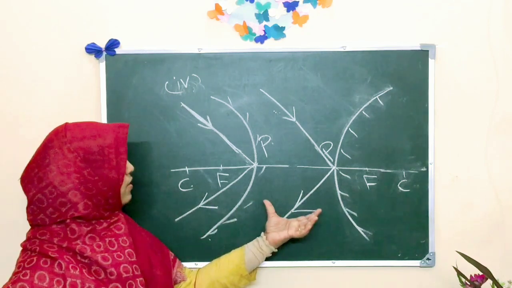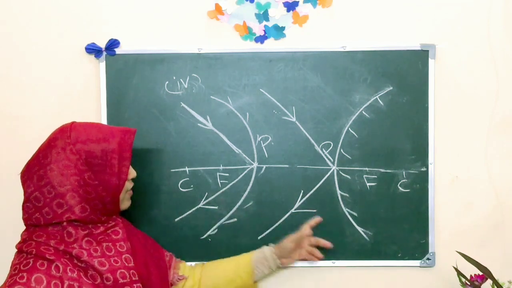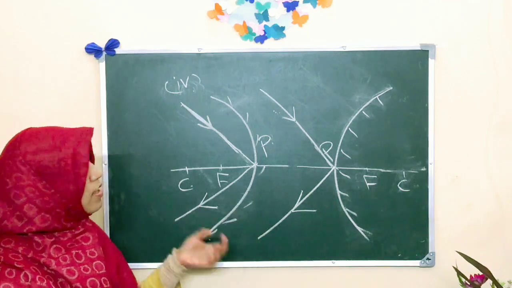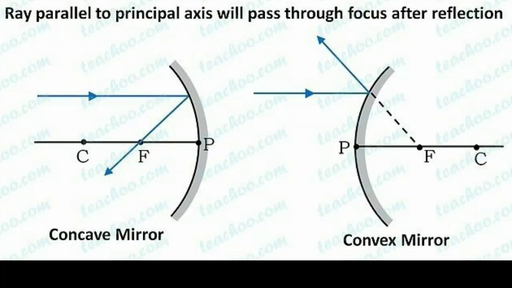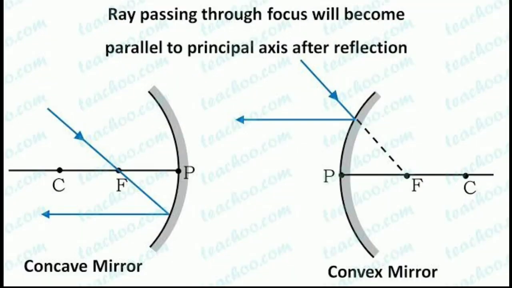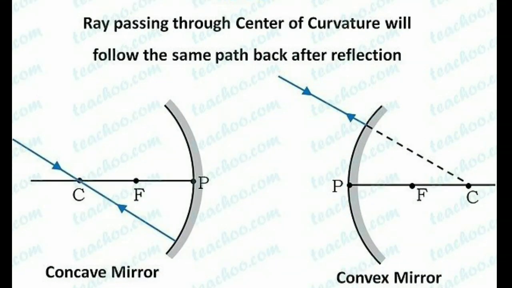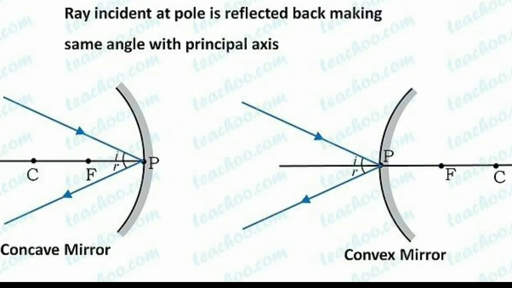So both mirrors, concave and convex, are drawn. These are the 4 rules. I am showing the 4 rules in slides. In your textbook, these are given as representation of images formed by spherical mirrors using ray diagrams.